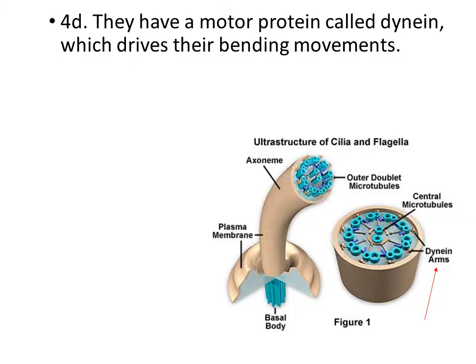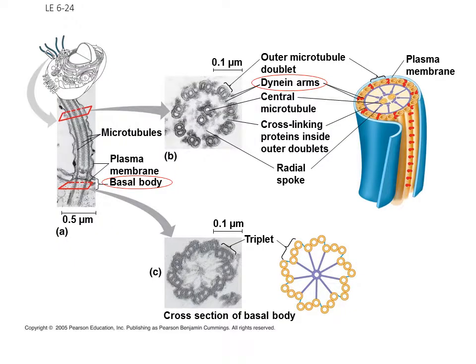This dynein is going to drive the movement of the flagella and the cilia. It is going to help them to bend. In this image, we're looking at the dynein arms. It's going to help the bending of the cilia and the bending of the flagella.